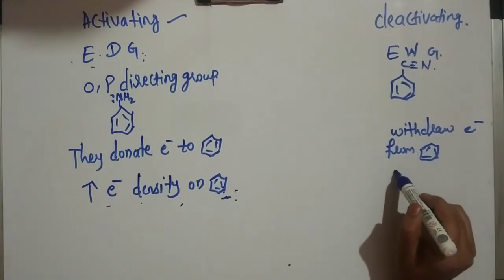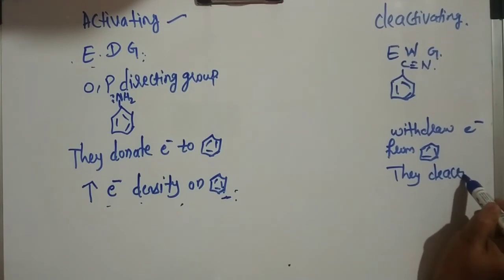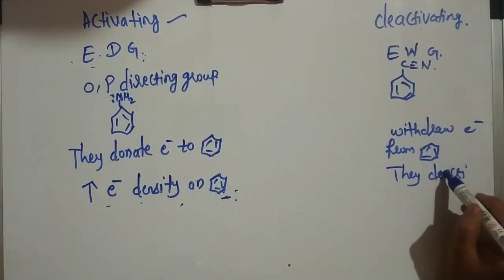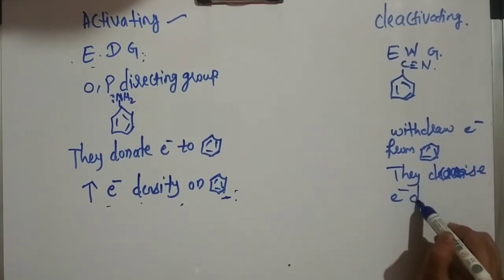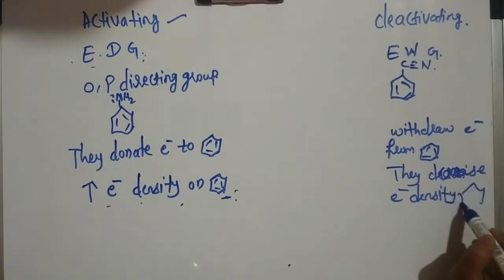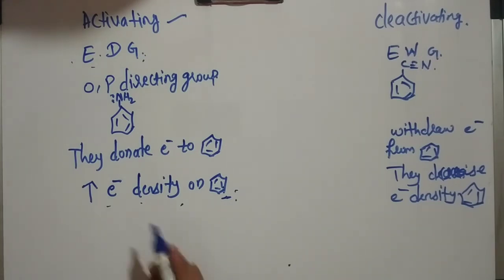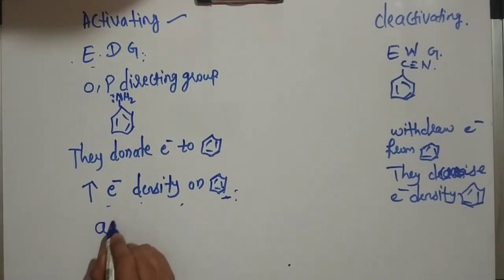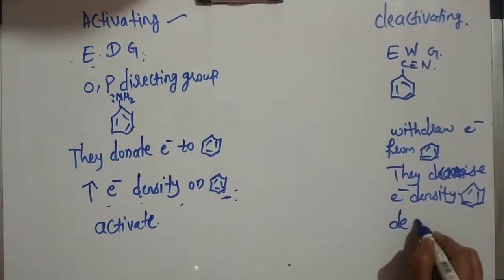Here they deactivate and decrease electron density on the benzene ring. What is the fourth comparison? Activating groups will activate the benzene ring. Here they deactivate.